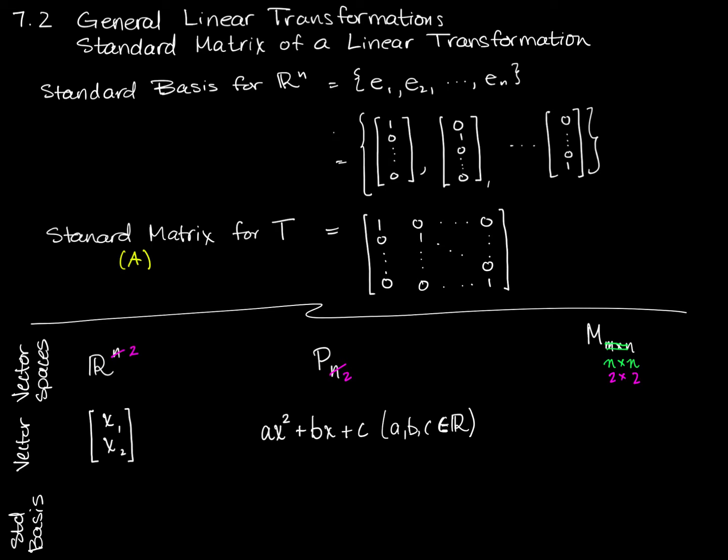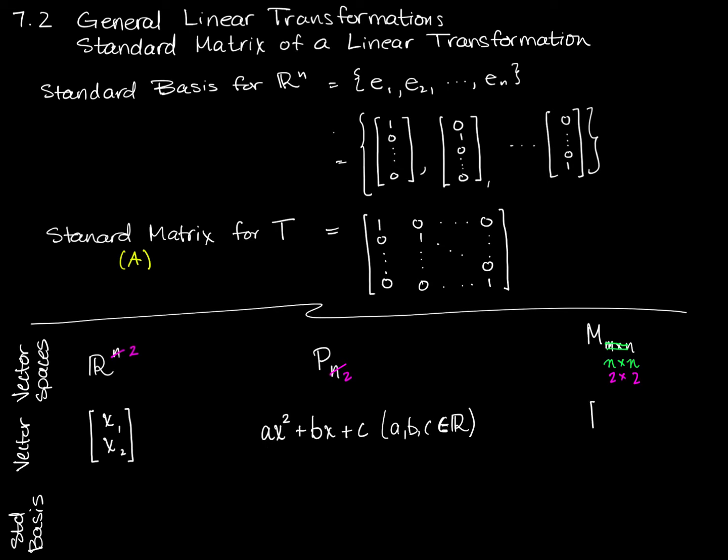Recall that 0 is one of the real numbers, so a, b, and or c can be 0. If a is 0, then I've just got bx plus c. That's no longer of degree 2, but it is of degree 2 or less, because a equals 0. So a vector in this space looks something like that.